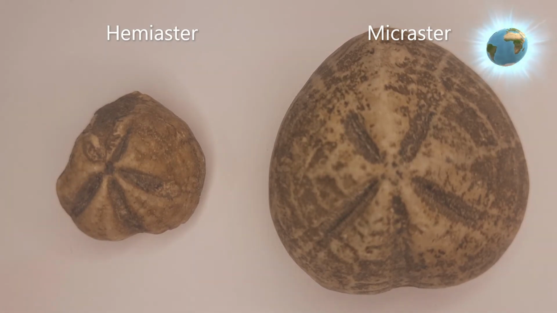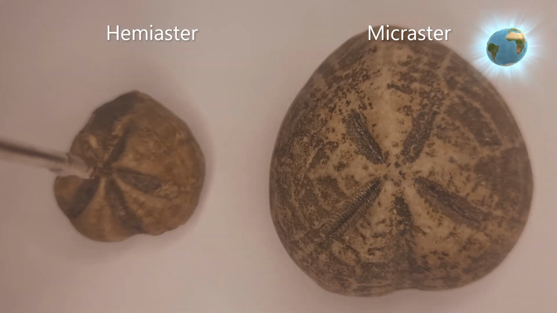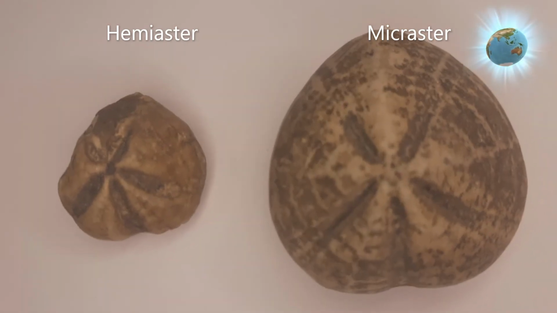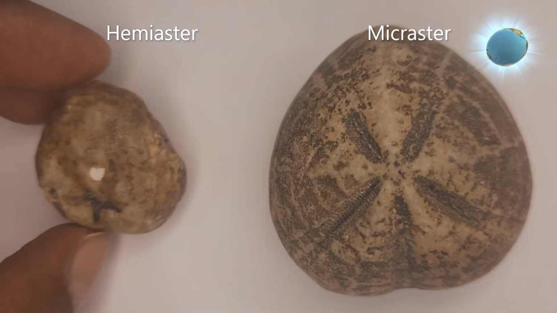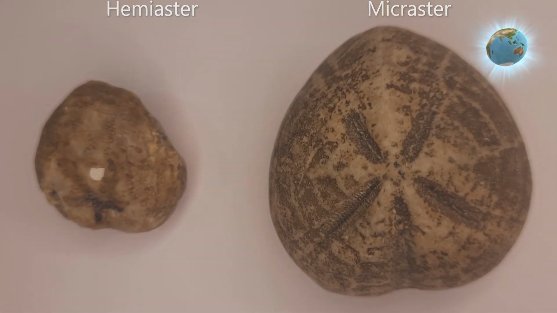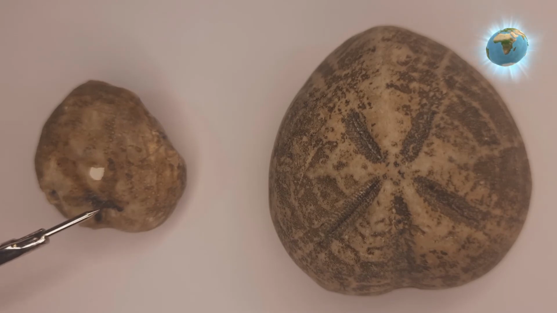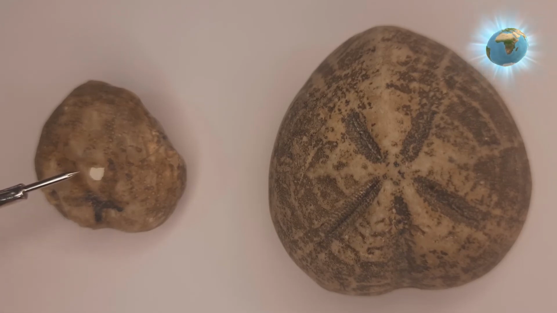If you go vertically downward here, you will not find the peristome, not exactly below this place of anus. So I shall turn around and try to show. This is the peristome. This is the place for the peristome.